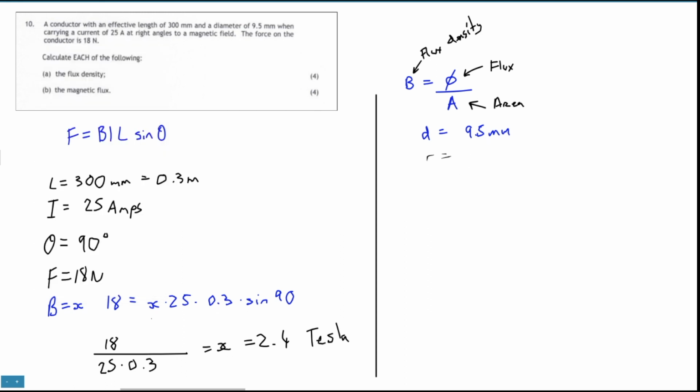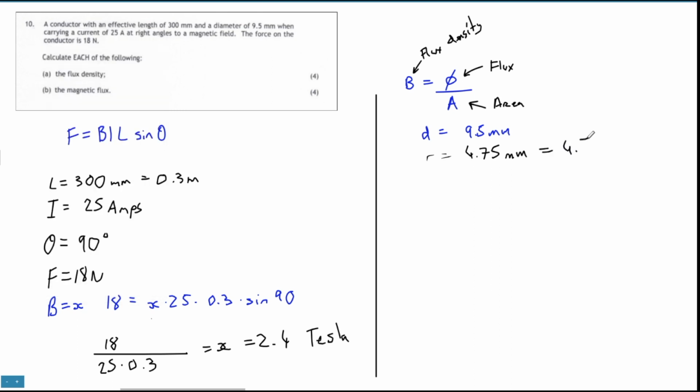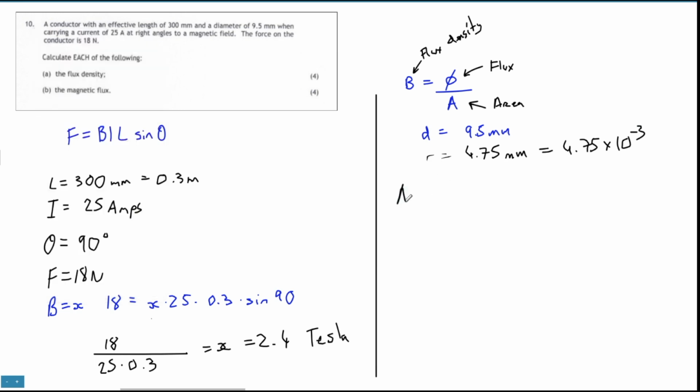So let's write that down. Even though it's in millimeters, it's 4.75 millimeters. And then I want to get it into meters. So let's divide it by 1,000 to pop it into meters. There we go. That'll do. That's 4.75 times 10 to the negative 3, I think. Meters, yes. Okay, good. Area, therefore, is pi r squared. So let's take those numbers, plug them into pi r squared, and calculate it up.